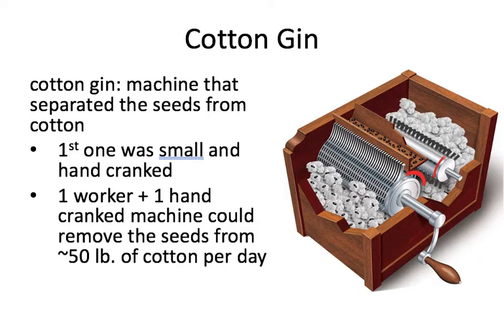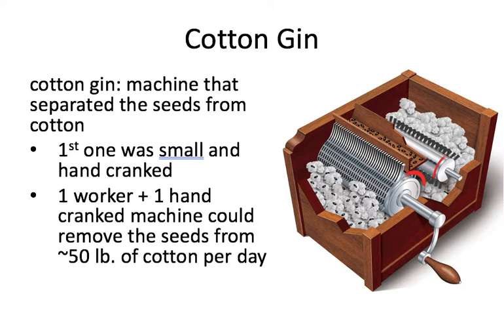This very first cotton gin that was produced in 1794 was small and hand cranked. Hand crank basically meant somebody would use their hand and their arm to actually turn the machine, and in turning that machine, the machine would separate the seeds from the cotton.